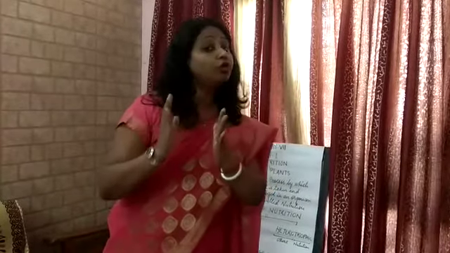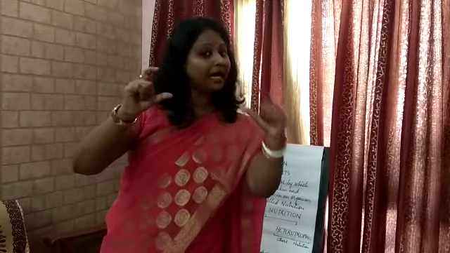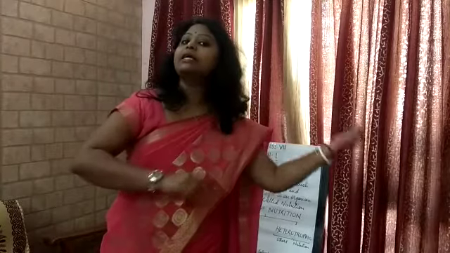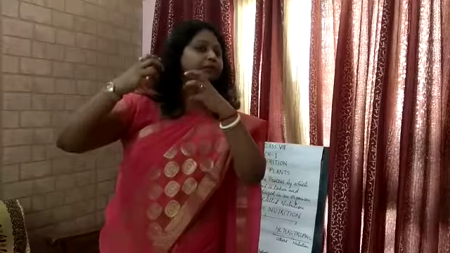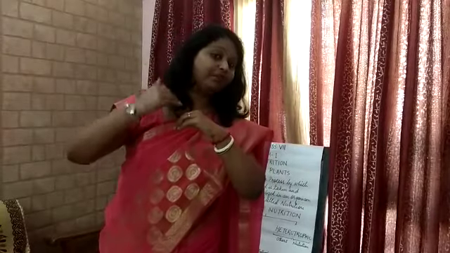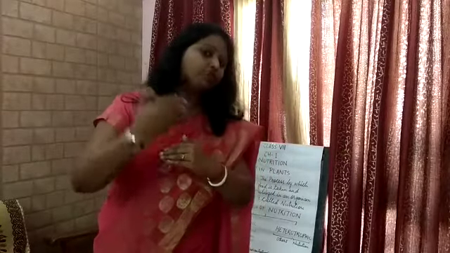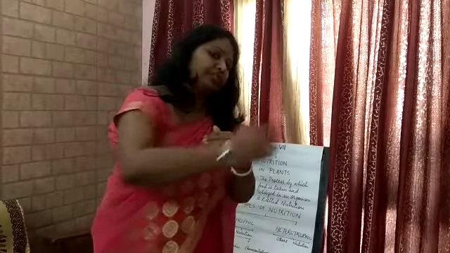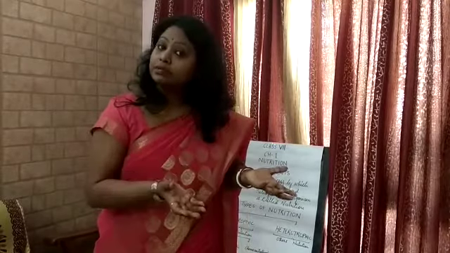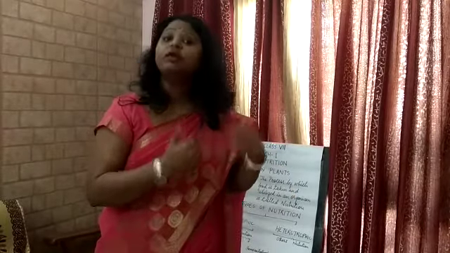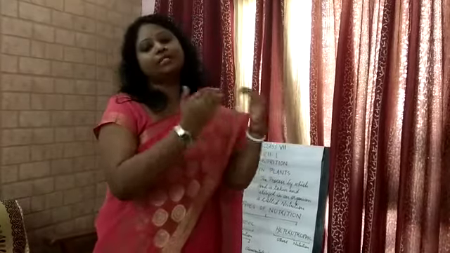Photo means light, chemo means chemicals. Organisms or plants which can prepare their own food with the help of light are known as photoautotrophs. And organisms which can prepare their own food with the help of chemicals are known as chemoautotrophs.